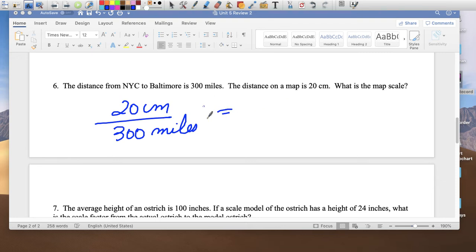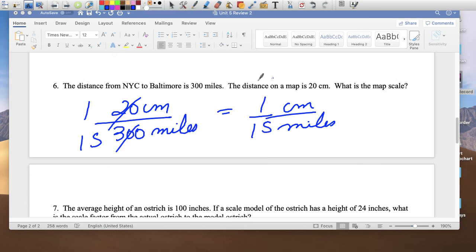We don't want to write 20 centimeters to 300 miles. Let's see if we can bring it down a little bit. 20 divided by 20 is 1. 300 divided by 20 is 15. So better stated would be that every centimeter on your map is equal to 15 miles in real life. Okay? That was easy.